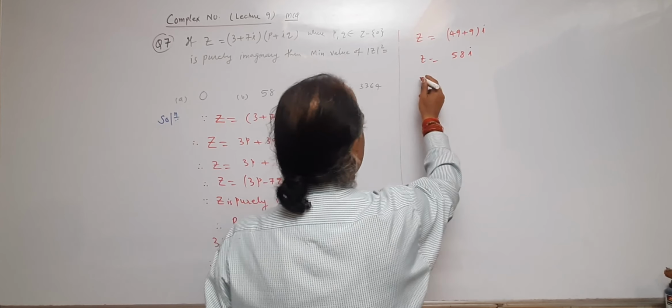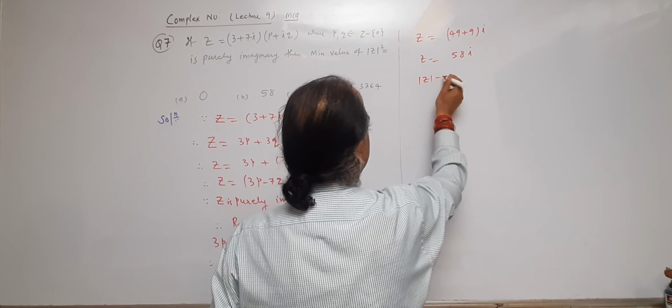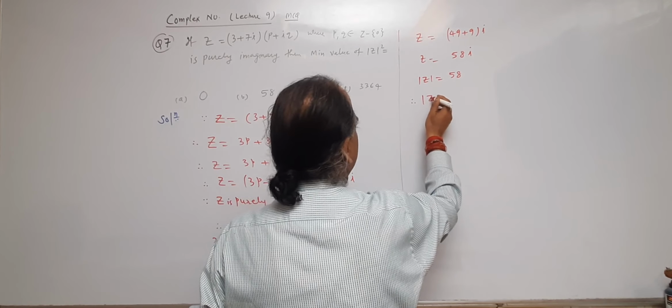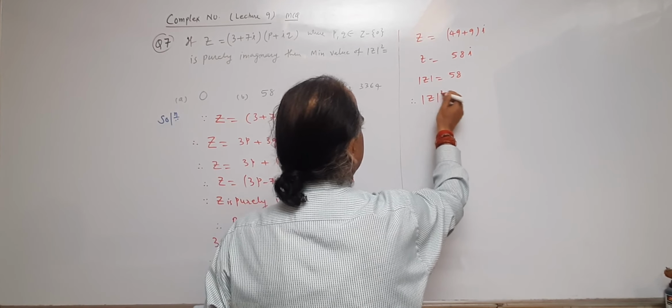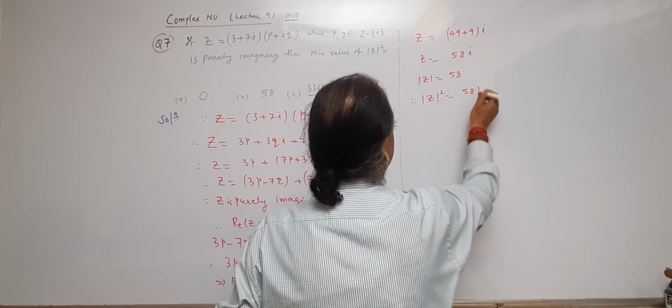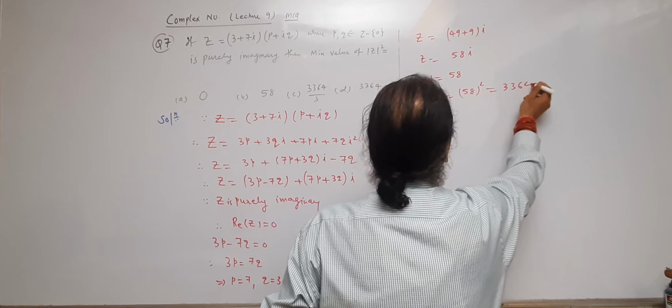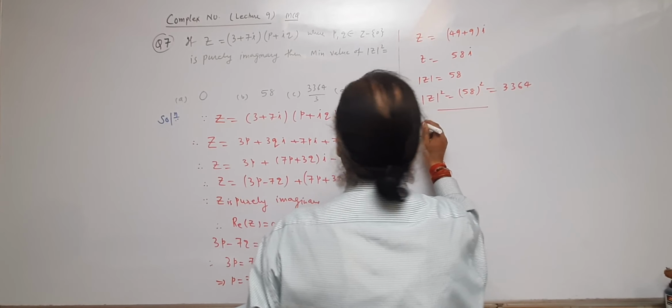So mod z will be 58, mod z square is 58 square, 3364. Answer D.